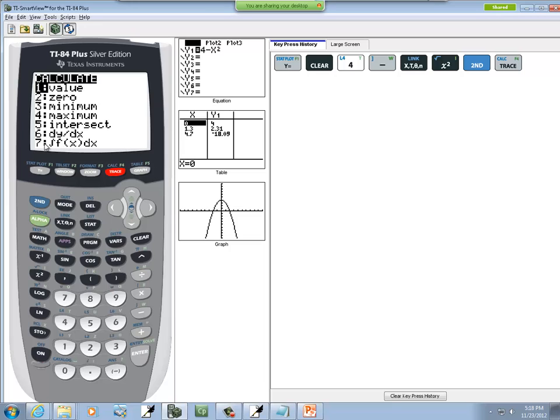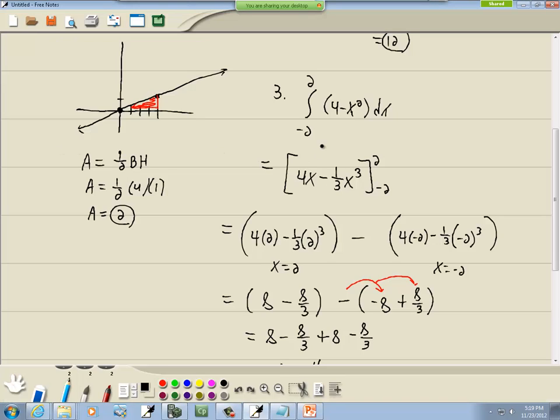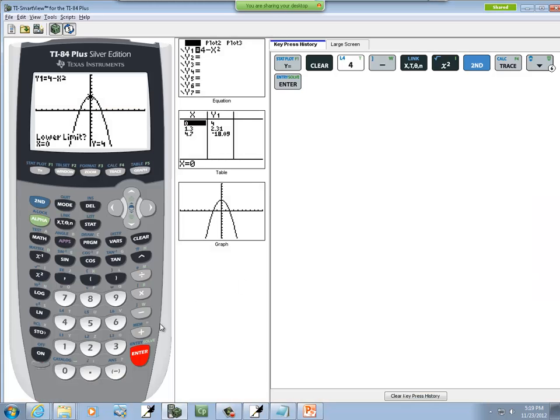And you see the very last one, number 7? One looks like an integral symbol. If we choose that and press enter, it'll ask us for lower limit. That's our -2. So we want it bounded by -2. Then it asks us for upper limit.